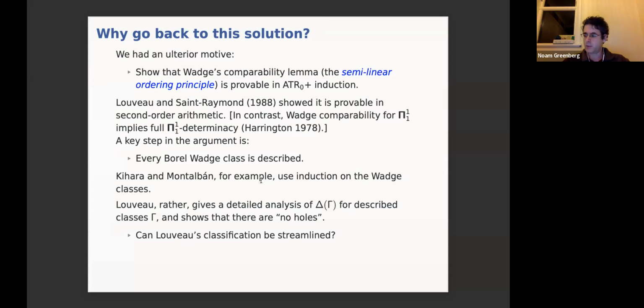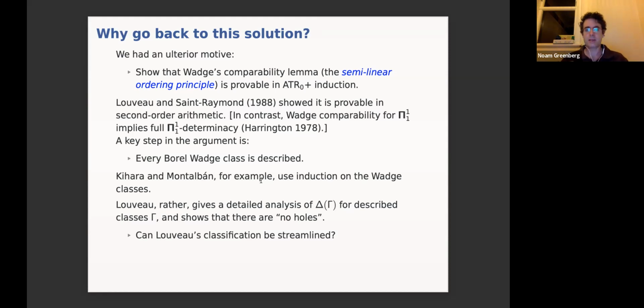Now, as we know, Harvey Friedman showed that Borel determinacy is really strong. It is ZFC provable, but it requires uncountably many iterations of the power set. So it's definitely well beyond second-order arithmetic. So the work of Louveau and Saint-Raymond showing that Borel-Wadge comparability is provable in second-order arithmetic was really striking. It really separated it from determinacy in the Borel setting.